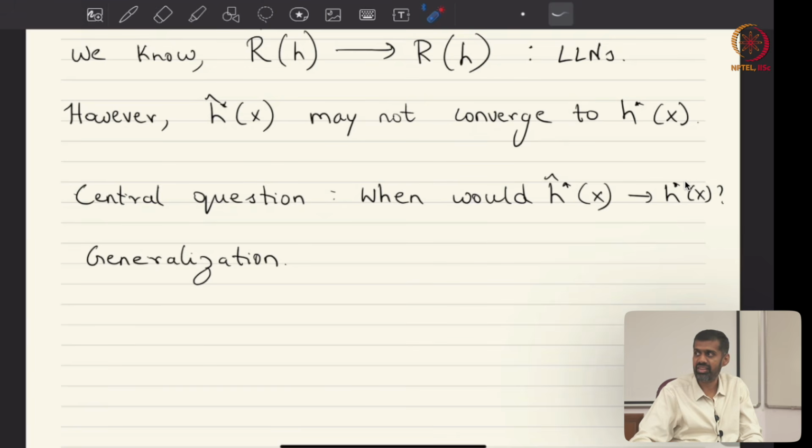But the question that is being answered is, how far is the minimizer of the empirical risk from the minimizer of the true risk? If your data set itself has all possible samples that you can look at from the distribution, then there is no point in asking the question of generalization. If you solve ERM on the entire universe, then you don't even have to ask this question because you have all the samples. Today's models, for instance these GPTs, actually solve this problem.